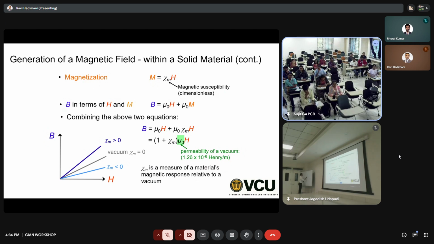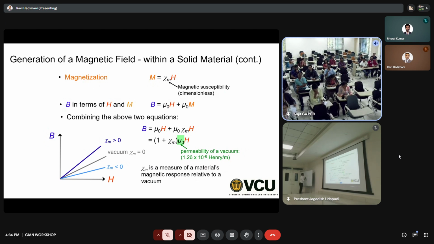Here mu r is greater than 1, which is not just greater than 1, very large compared to 1. Here mu r is greater than 1.